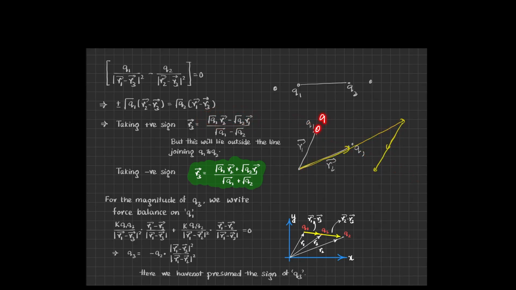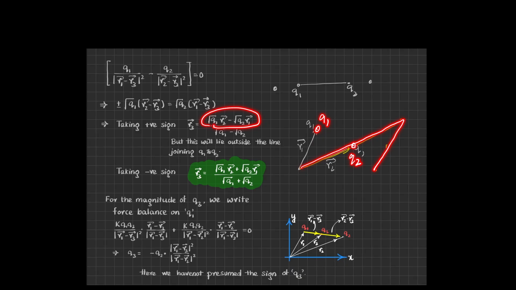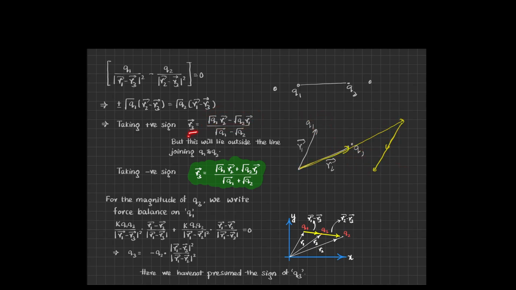Here is my q1 point, here is my q2 point, and the intersection of the vector format here, if I try to draw the numerator part vectorially, diagrammatically I want to see it. So in that case I see it intersects this line somewhere on the outside. That's why we get to know that this R3 point shows somewhere outside the line joining q1 and q2. That's why this cannot be the answer.